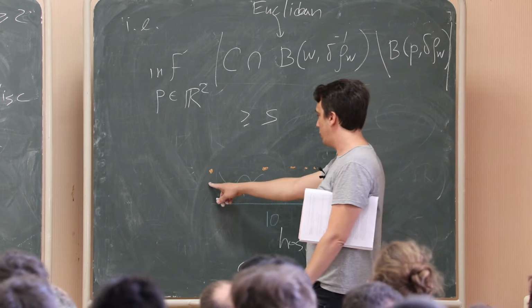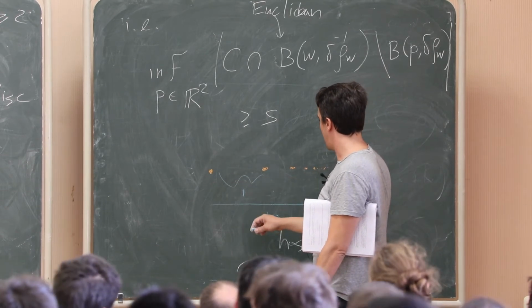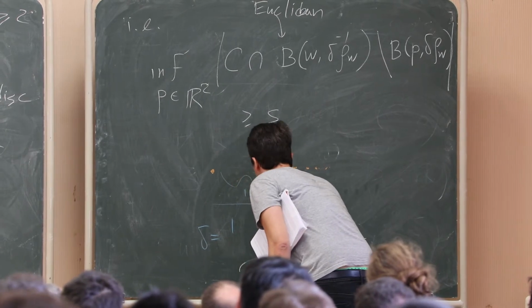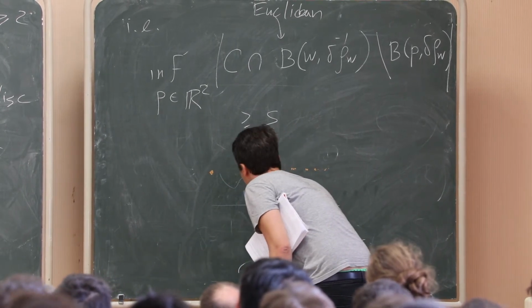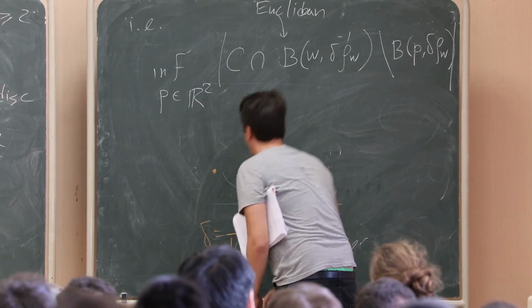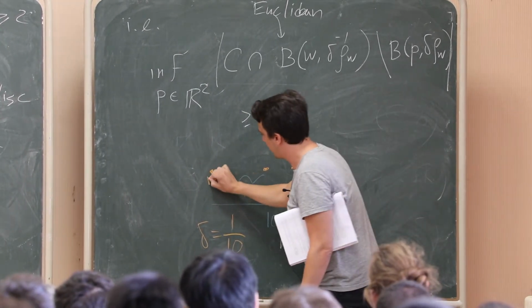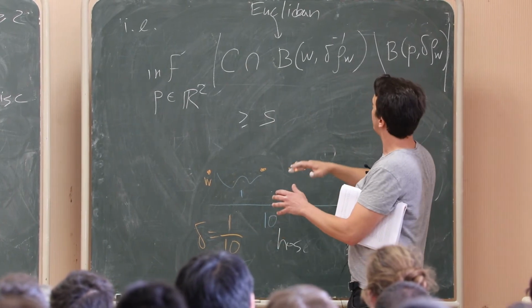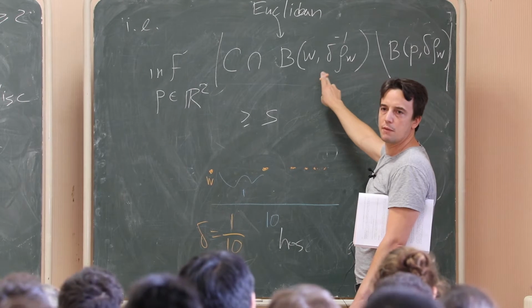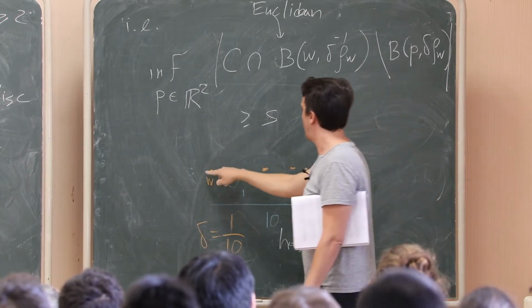So I look at, for instance, delta equals 1 over 10. And I look at this point. In order to check the definition, I have to look at the ball of radius 10 times 1, the ball of radius 10 around this point.